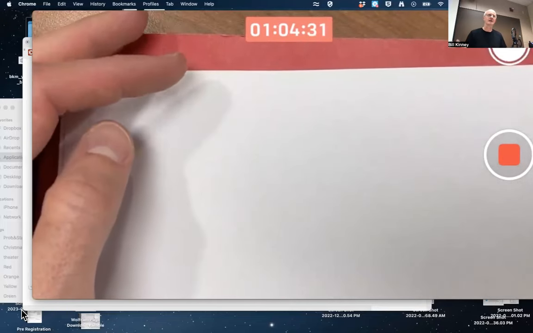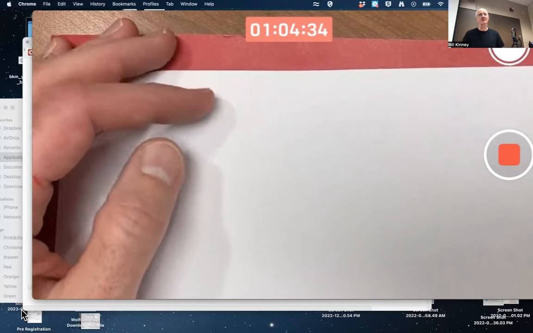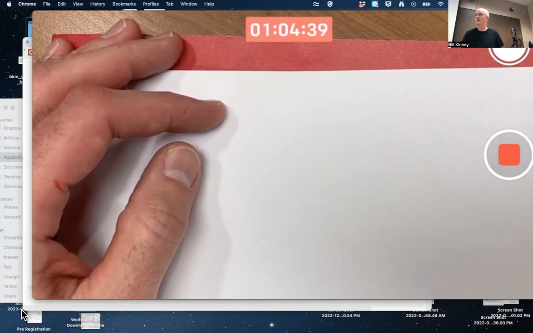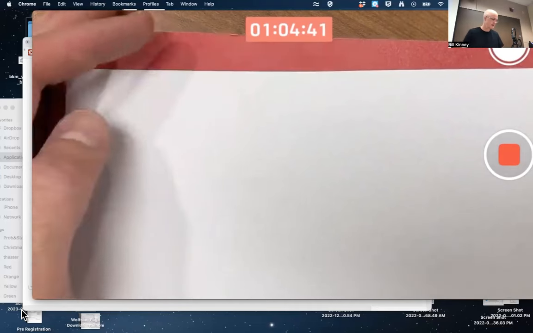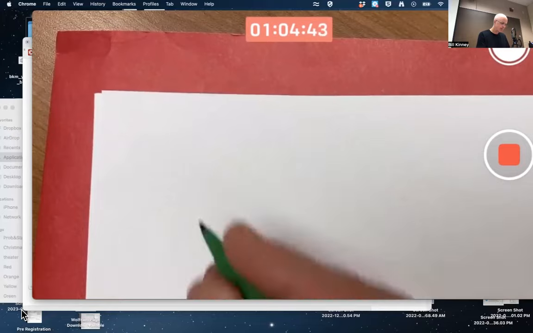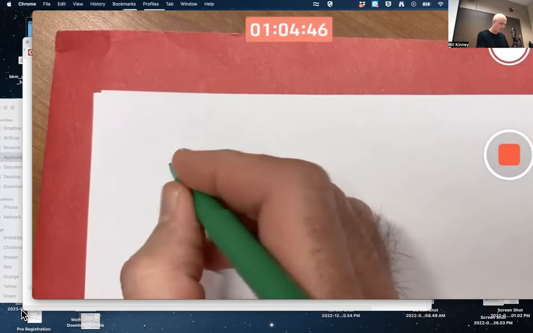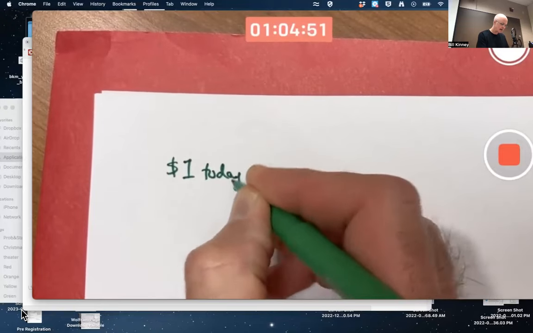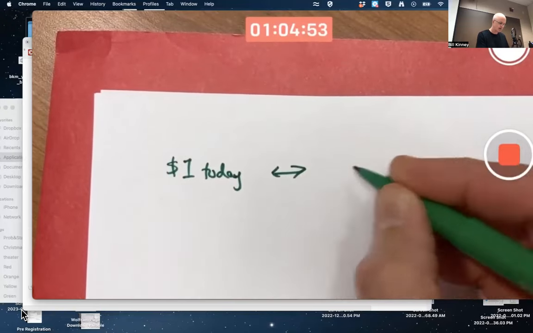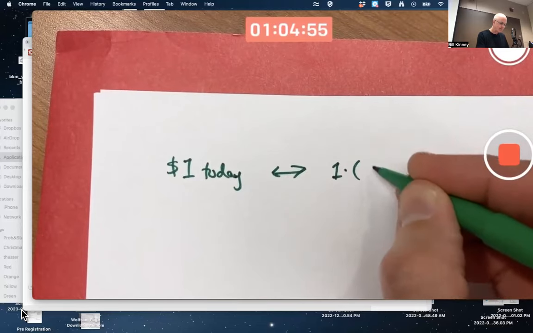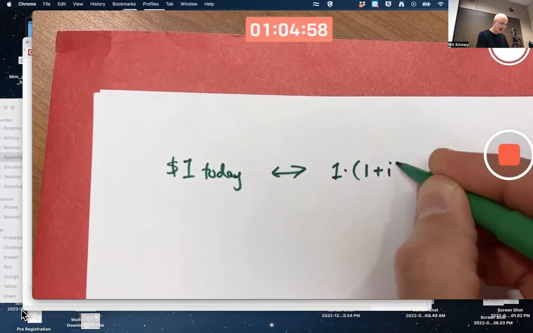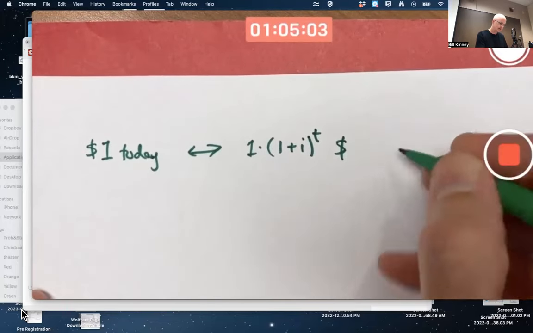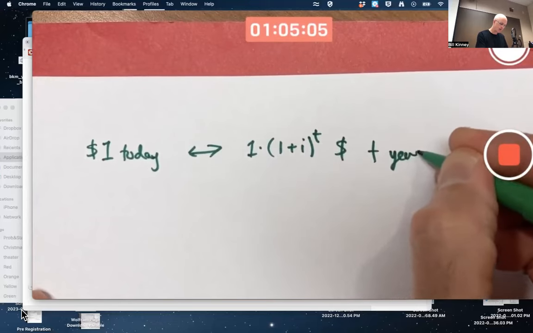How do you model the time value of money? The simplest way is with exponential growth, as if it's compound interest, or just growth according to certain interest rates. $1 today is equivalent to 1 times (1 plus i) to the t power dollars t years from now.